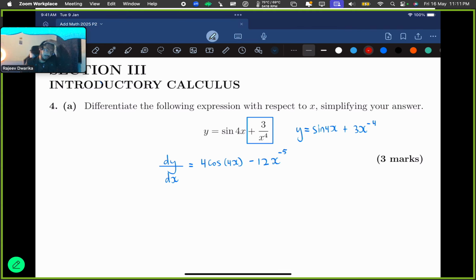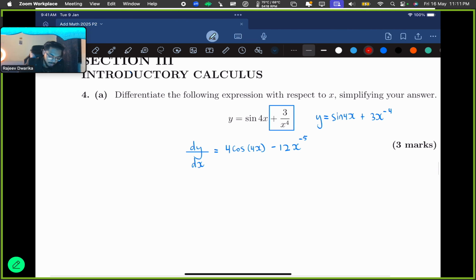Right? And if we wanted to, let's just say it was crazy and you wanted to flex your knowledge. Remind me, how would you integrate sine 4x fully? So let sine 4x be equal to, what do you want to call it? You can call it anything. Yeah. So we could say a is equal to sine 4x. I wouldn't say y, because y is equal to sine 4x plus 3 over x to the power 4.